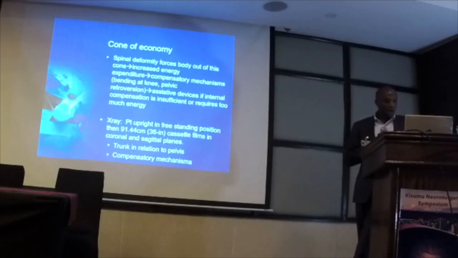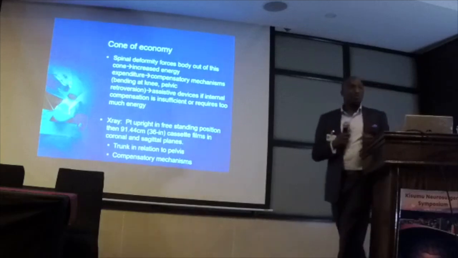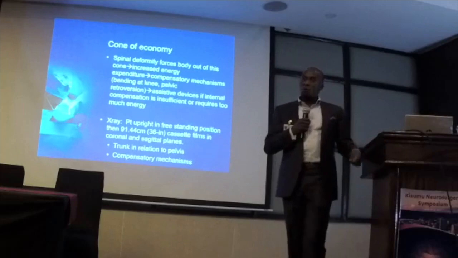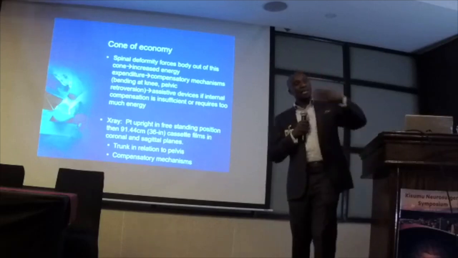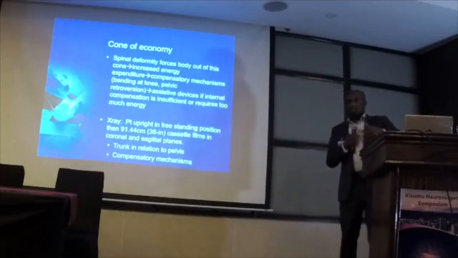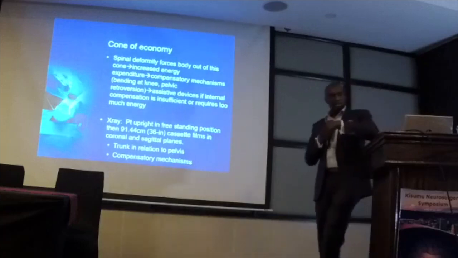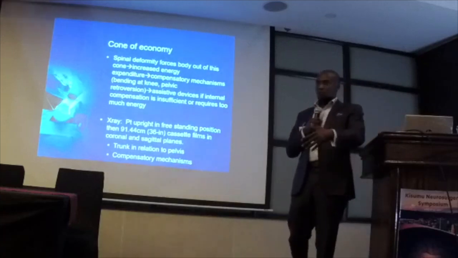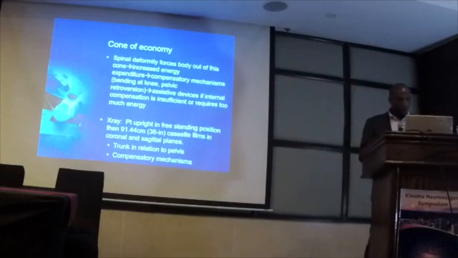Then, if that internal compensation is insufficient or requires too much energy, that's where you start seeing people using walkers or a cane, because they cannot maintain that sagittal balance. They cannot maintain that posture without significant energy expenditure.